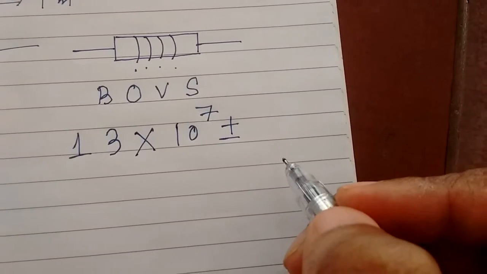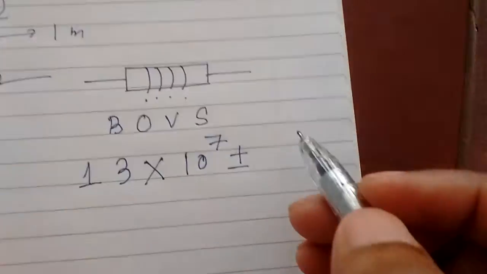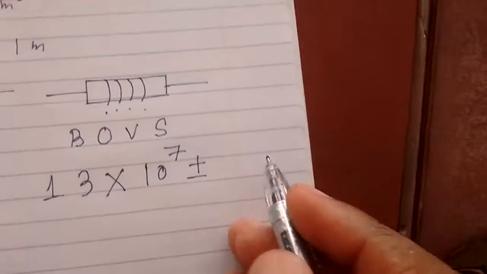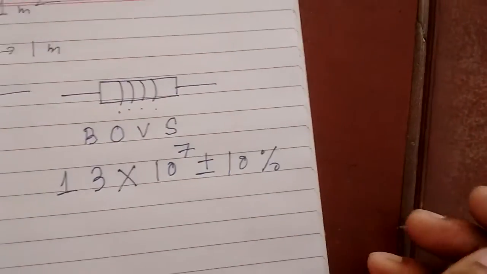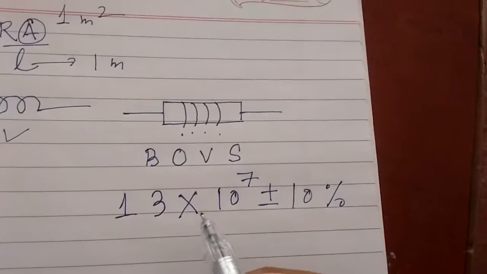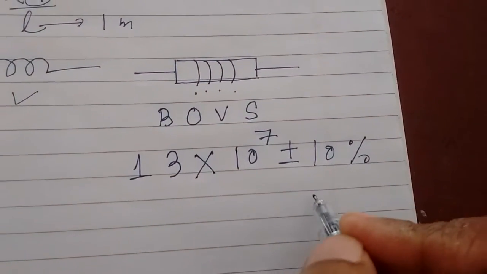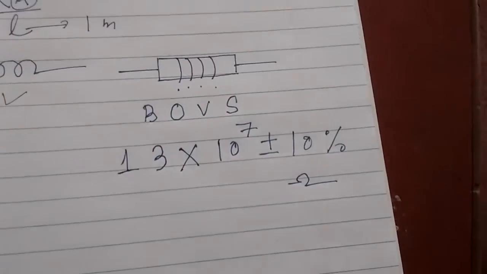What is tolerance? Let me check first what is the corresponding value for silver. For silver it is 10%. So I will put here plus minus 10%. Then the value is 13 into 10 to the power 7 plus minus 10% ohm. It is the value of the resistors. What does it mean?